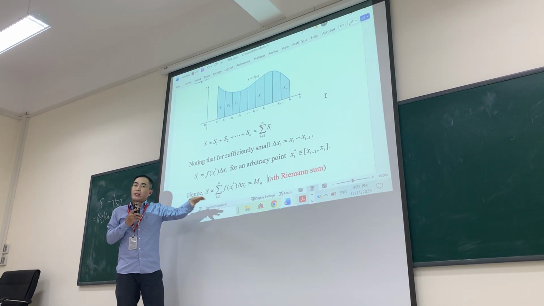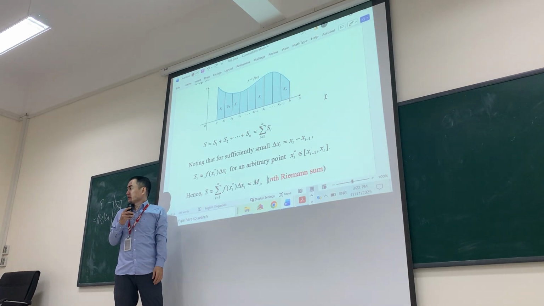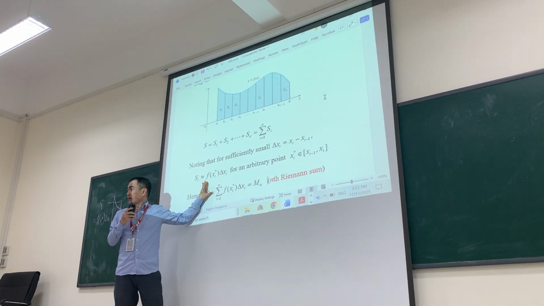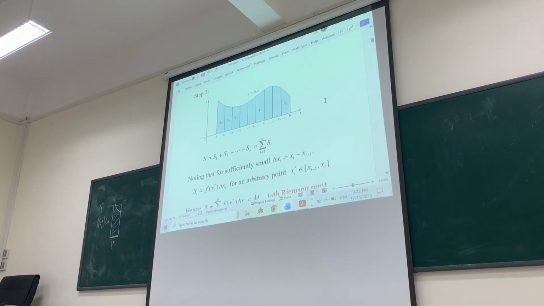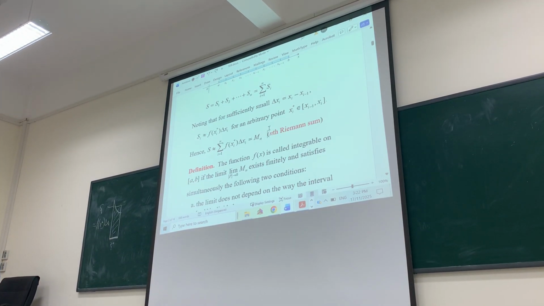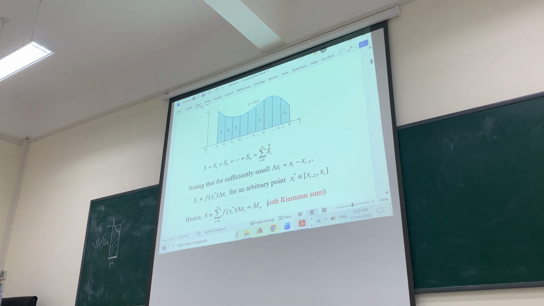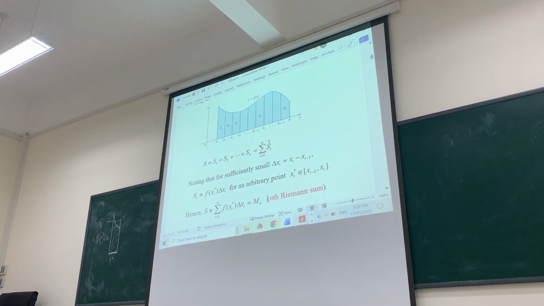Does that mean we can find the limit? We can find that area by the limit. So we have the idea of the definite integral.